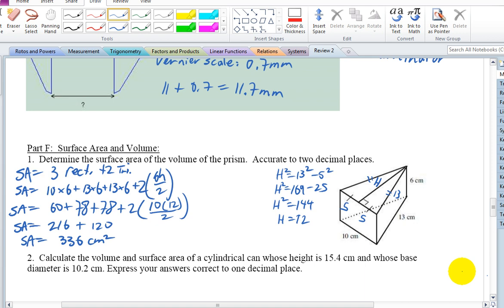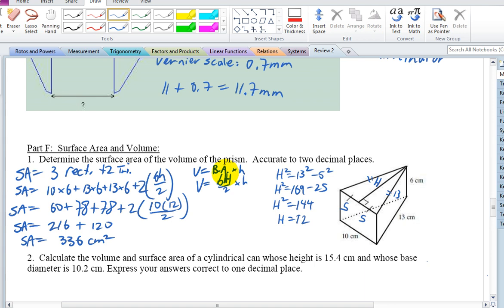Okay. Next one, volume. What's the formula for volume of a prism? Base area times the height. So our base is a triangle. So base times height divided by 2 times a different height. Notice how there's 2 heights there.